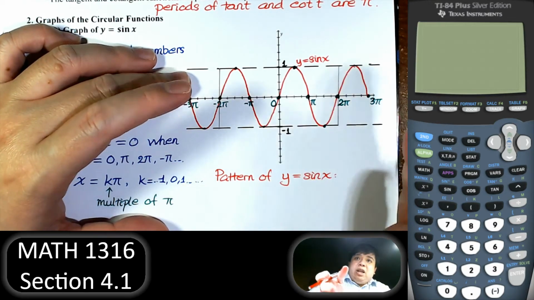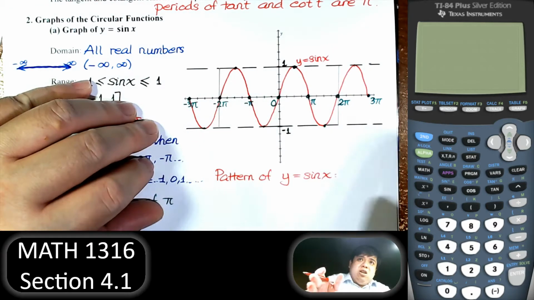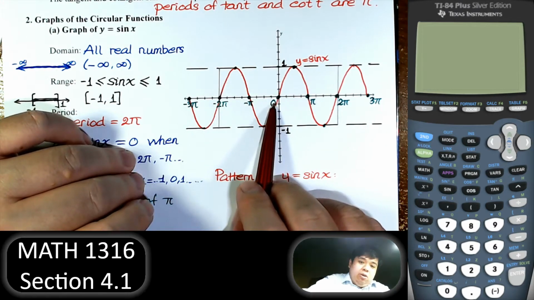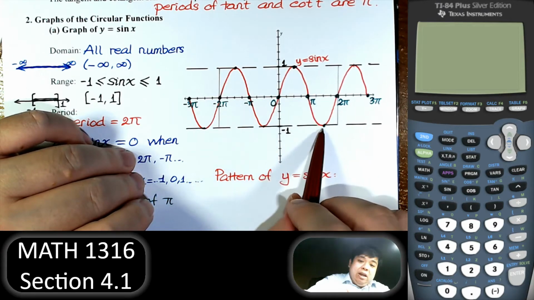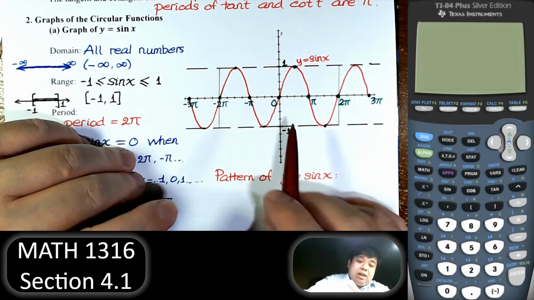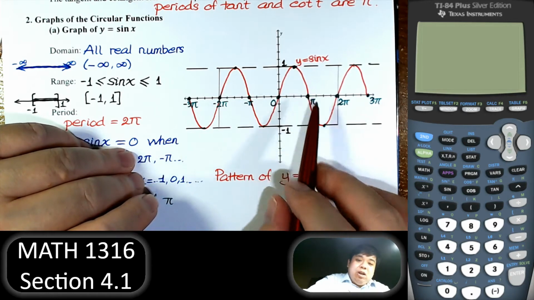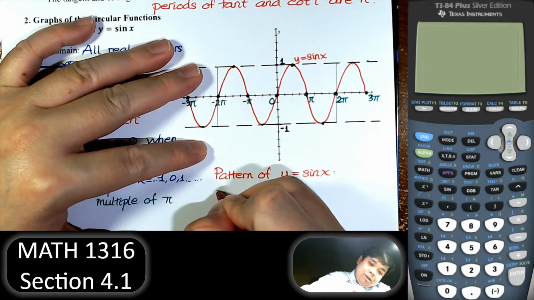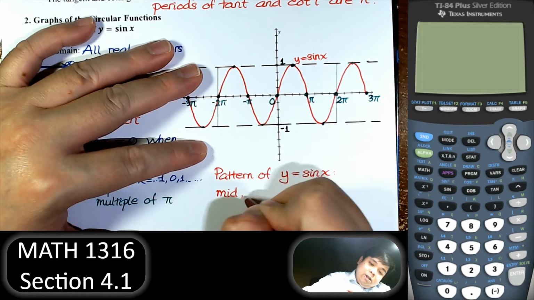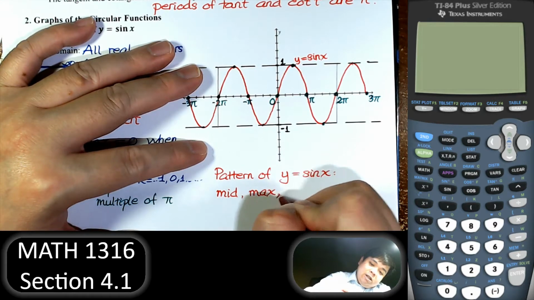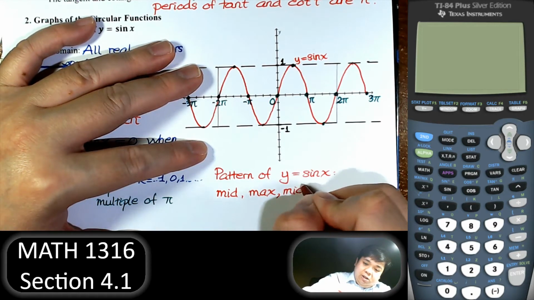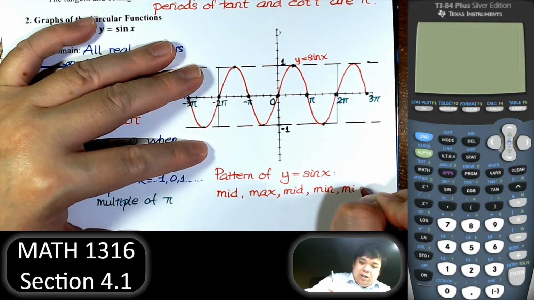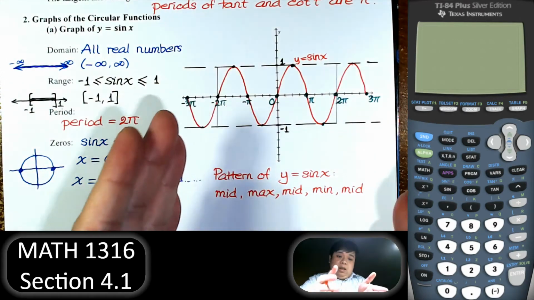Doesn't matter the period and the maximum, minimum, it doesn't matter what it is, but it will be like this: 0, max, 0, min, back to 0. Or we say the middle, max, middle, min, back to the middle. So the pattern is the middle to the max, back to the middle, to the min, and then go up to the middle again. For one period, it will repeat this pattern.